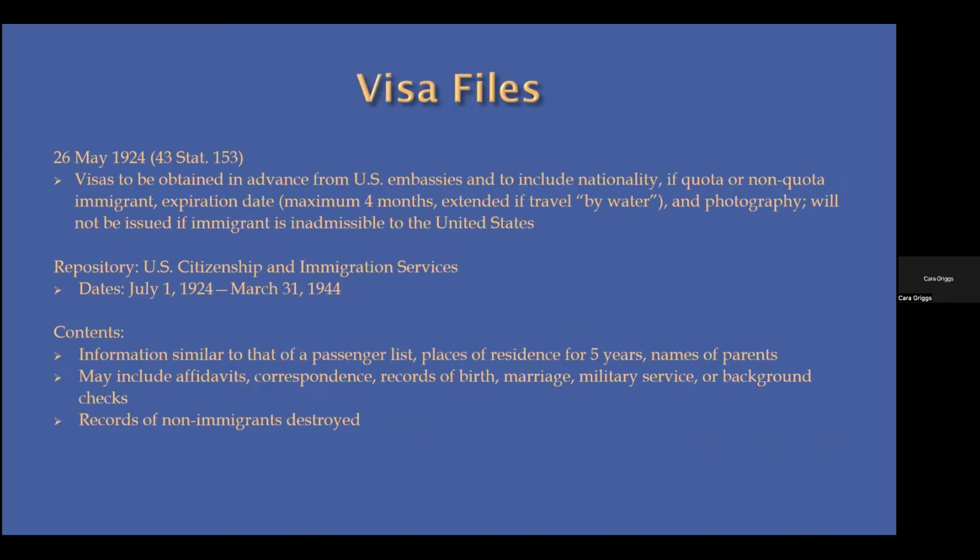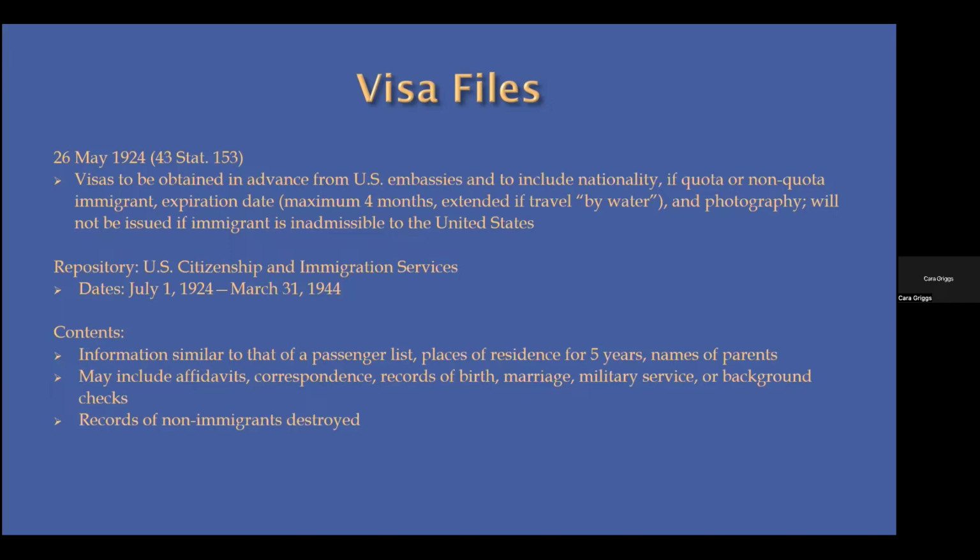Beginning on July 1st, 1924, more than just proof of legal entry was required when visas became mandatory. They became the official arrival record. This was not a new concept, but they had not been mandatory for all people before this time. They contain information found in passenger lists, as well as the names of the immigrant's parents, copies of vital records, health records, military records, affidavits, background checks, information on residences for 5 years prior to when the visa was issued, and photographs.